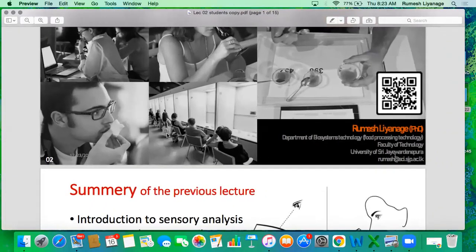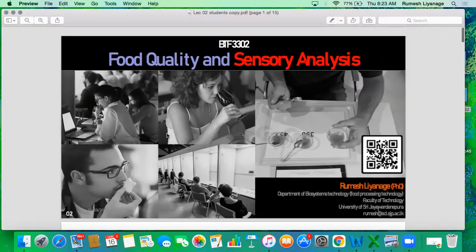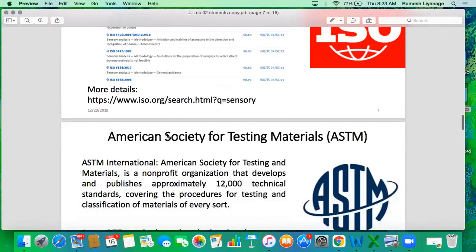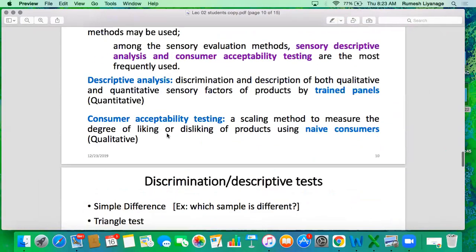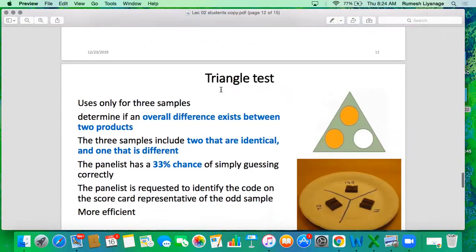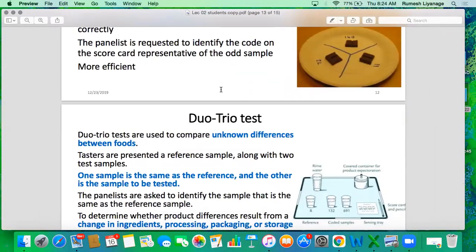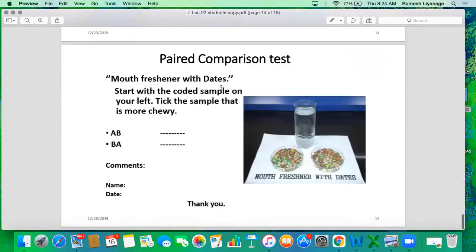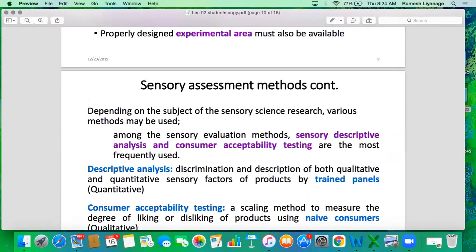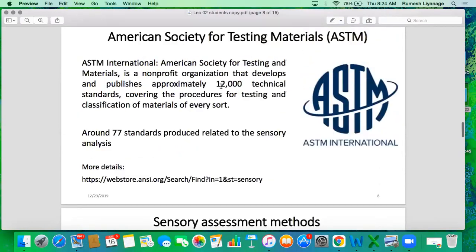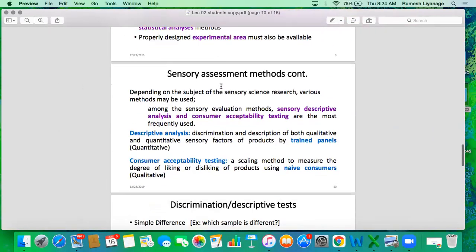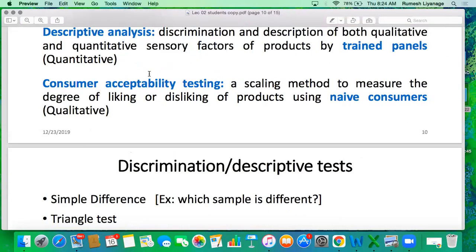Right? So these are the test methods belonging to descriptive analysis, discrimination test. So the next day I am going to discuss the other method, the other one, right? Here we have discussed descriptive test, consumer acceptability testing.